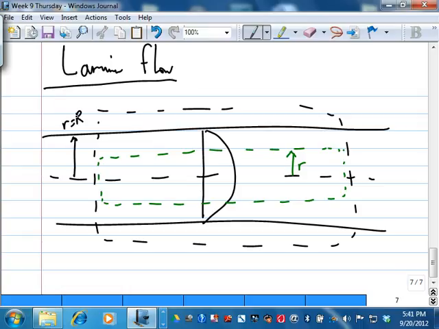So let's do an analysis on this. This distance here is L, the length of the pipe. Here is normally P1, or P in, and here is P out.